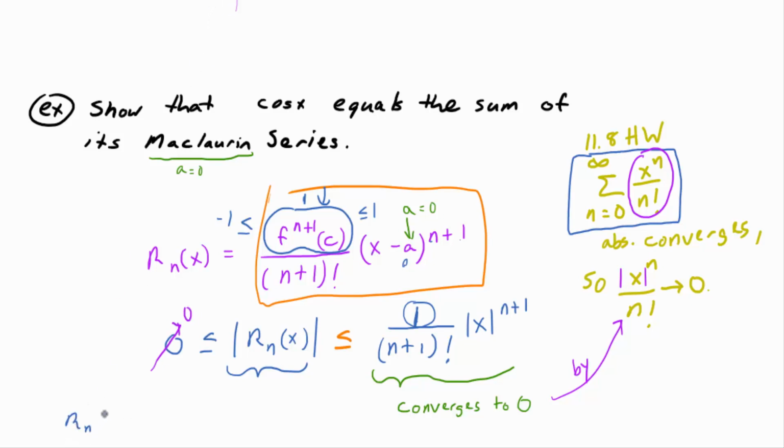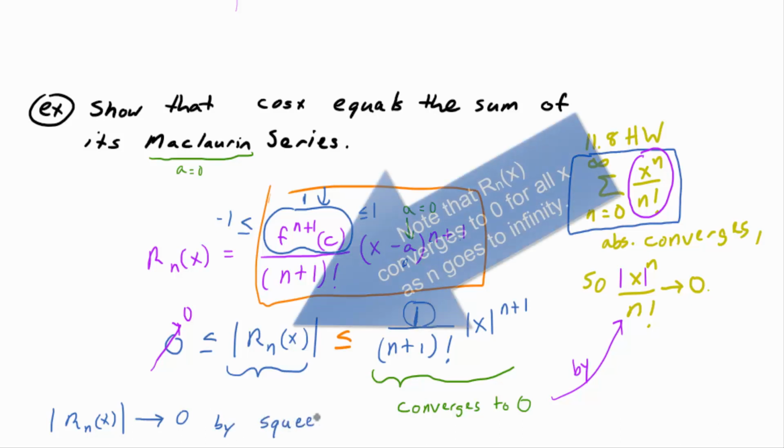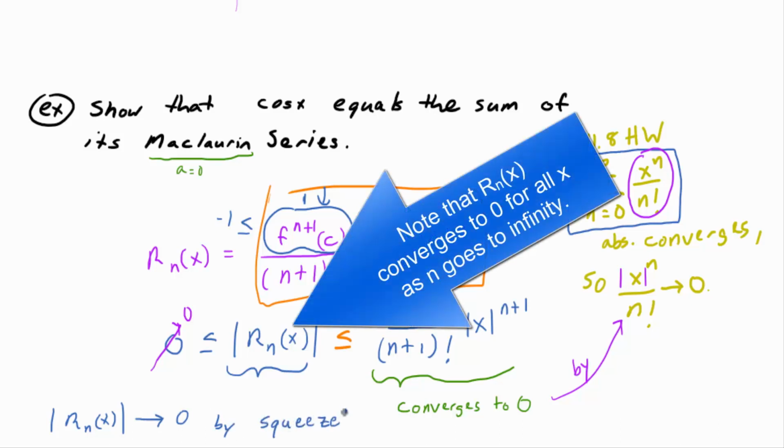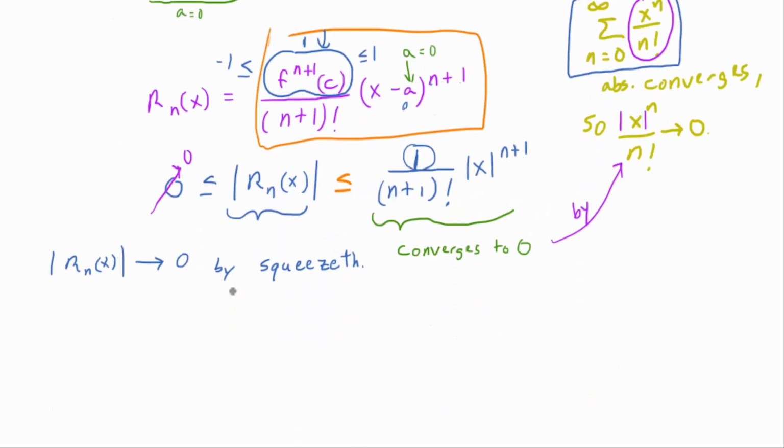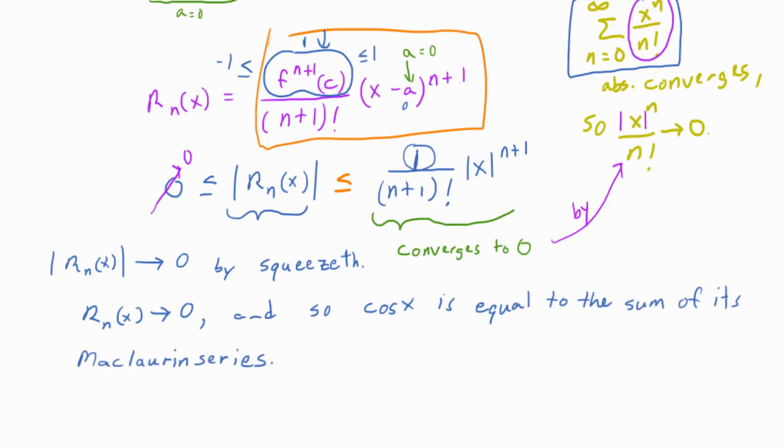So the absolute value of Rn of x converges to 0 by the squeeze theorem, which means Rn of x converges to 0. And so cosine of x is equal to the sum of its Maclaurin series.